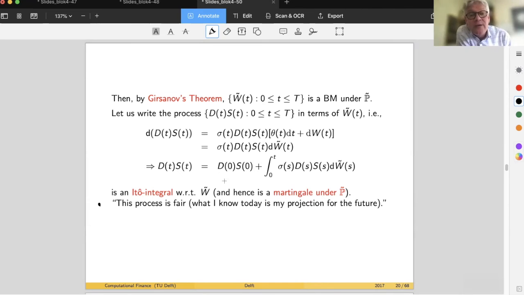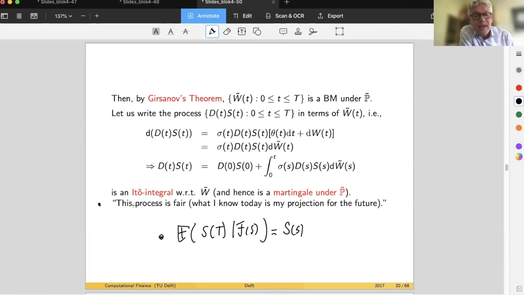When we are dealing with a martingale, we know that the best prediction of the value in the future, so the expected value of the price in the future, is in fact the value now. Right? So in that sense, the process is fair. The best projection for the future is the value today.